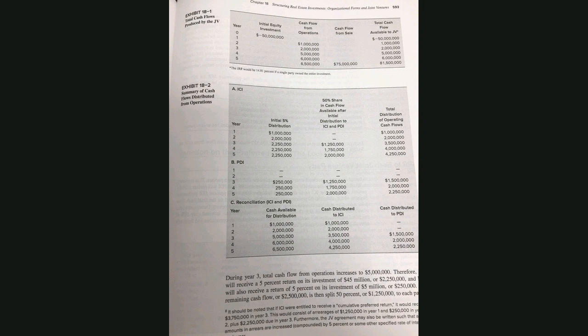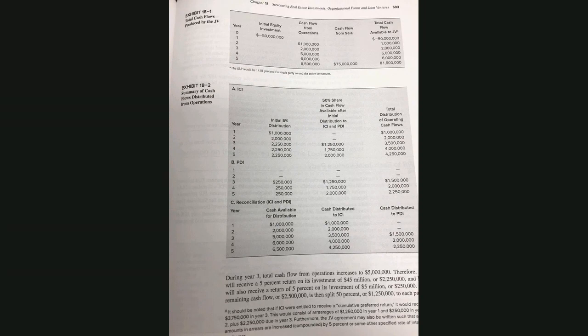So the total distribution is a little bit less than the 5 million here. And the same thing happens the next year. So while the total available is 6 million, you distributed 4 million.